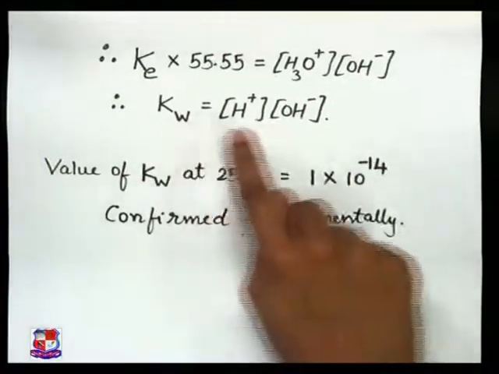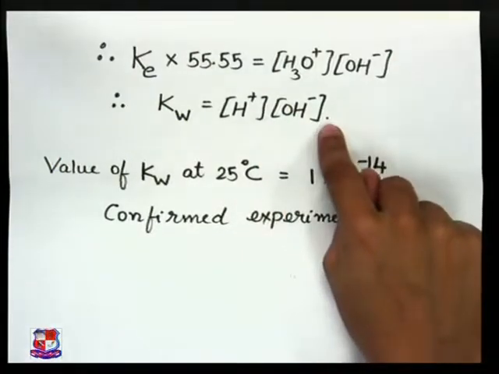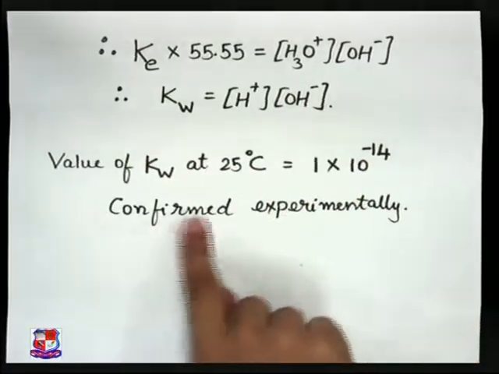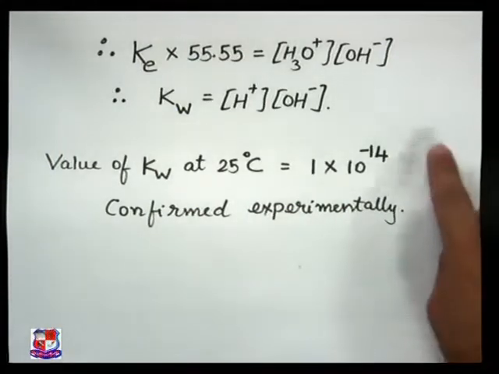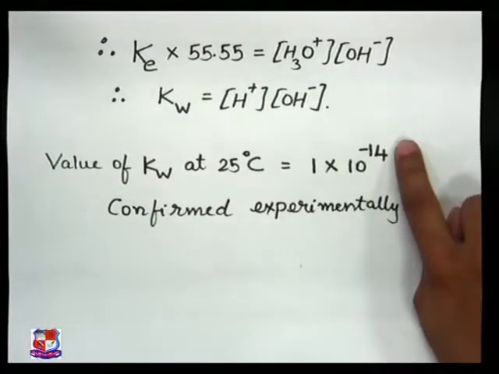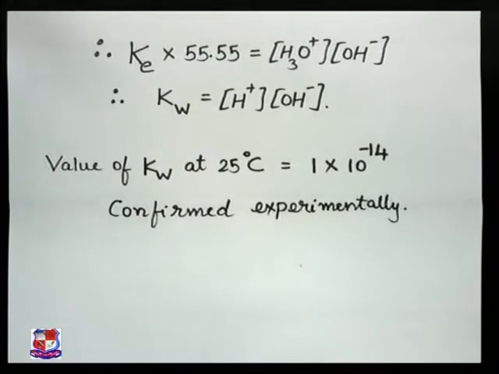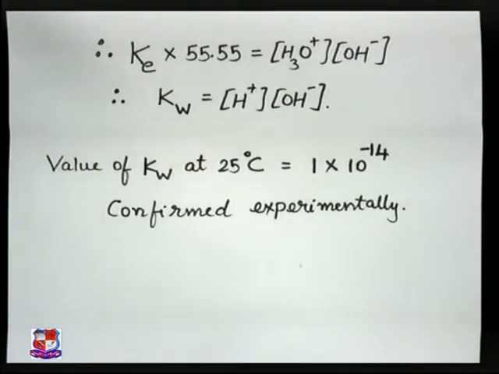Kw is equal to H plus and OH minus. The value of Kw experimentally confirmed at 25 degrees Celsius turns out to be 1 into 10 to the power minus 14. Okay, so this covers our ionic equilibrium constant, or Kw, for the water.